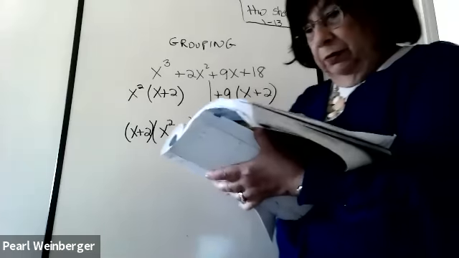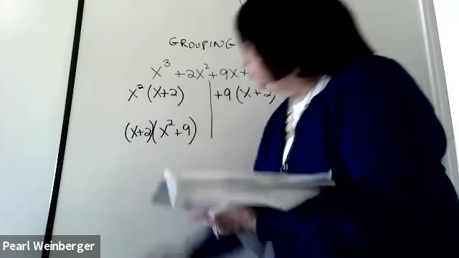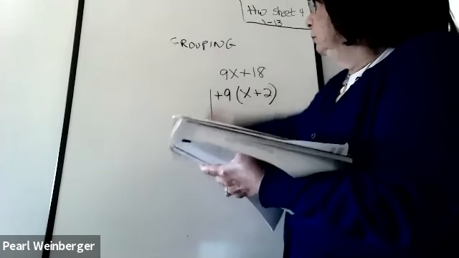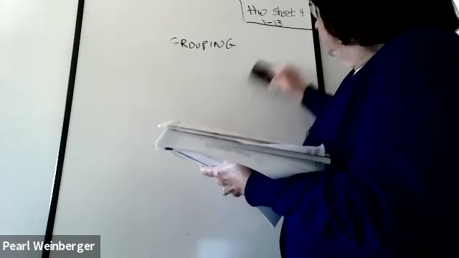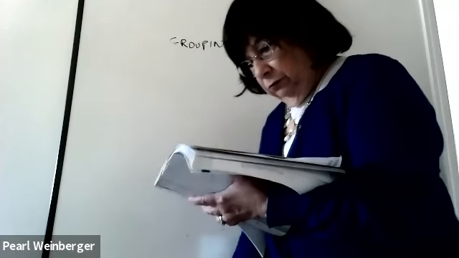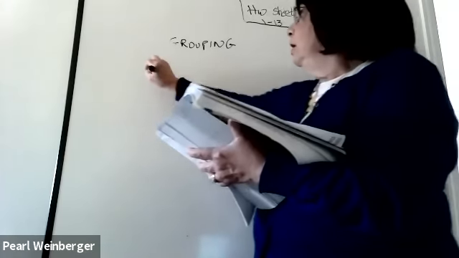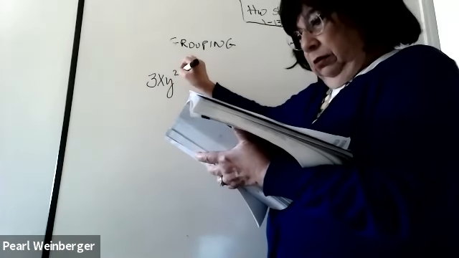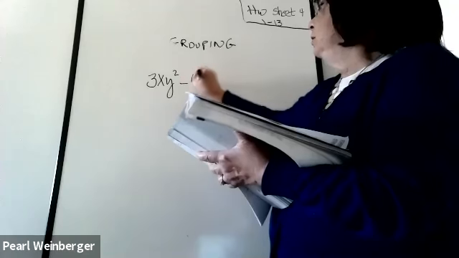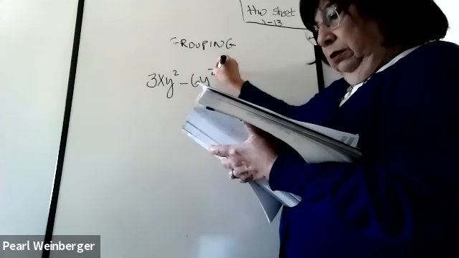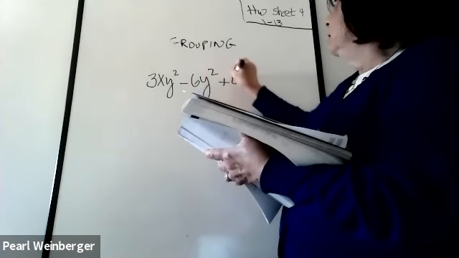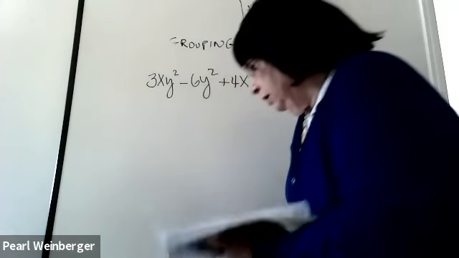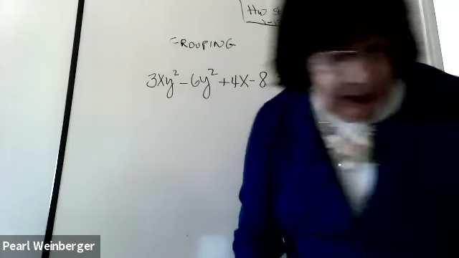Try this example. Three xy squared minus 6y squared plus 4x minus 8. See if you could factor this with grouping.